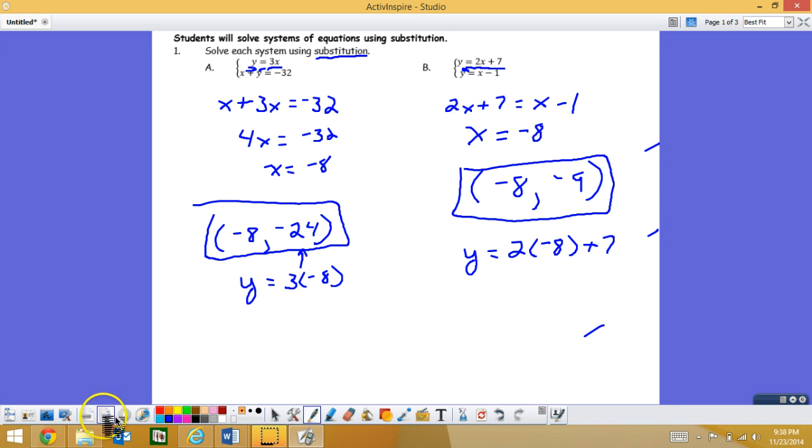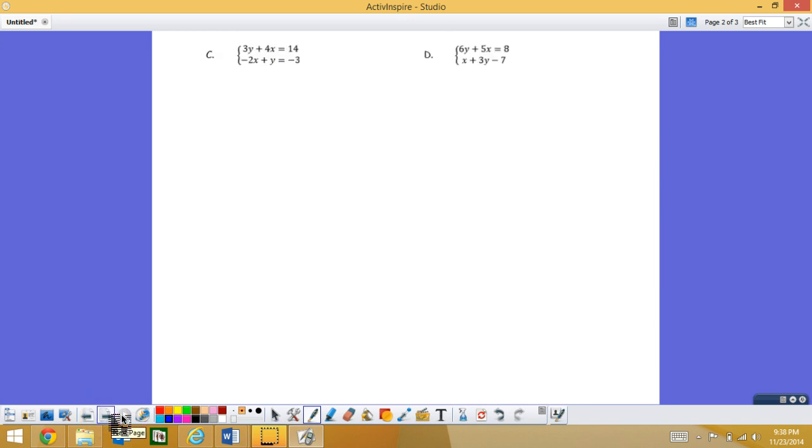Now in the next two examples, there is not a variable by itself, but if we look in the bottom equation, we can pretty easily get y by itself by adding 2x to both sides. So then y is equal to 2x minus 3.